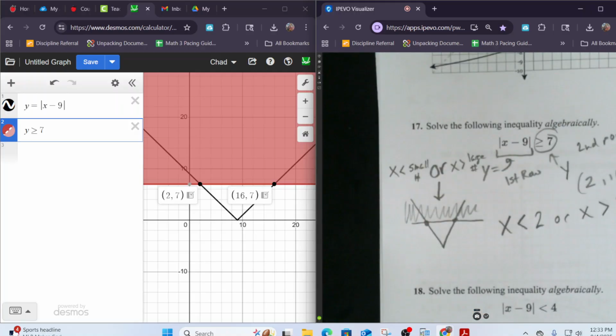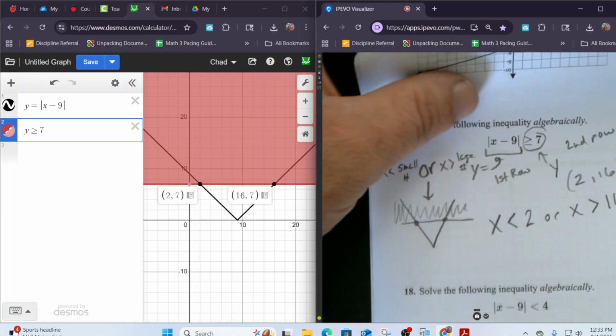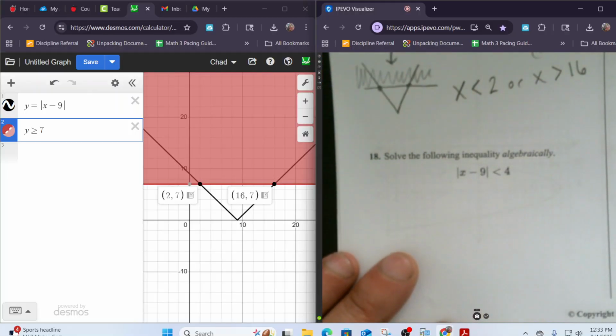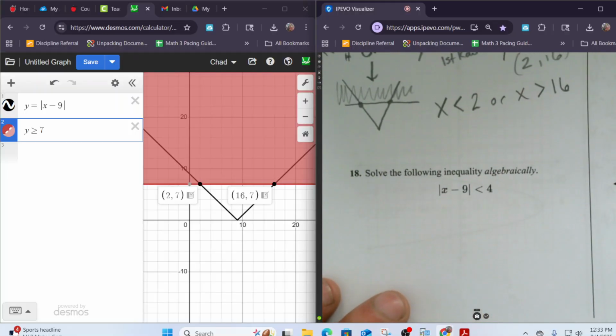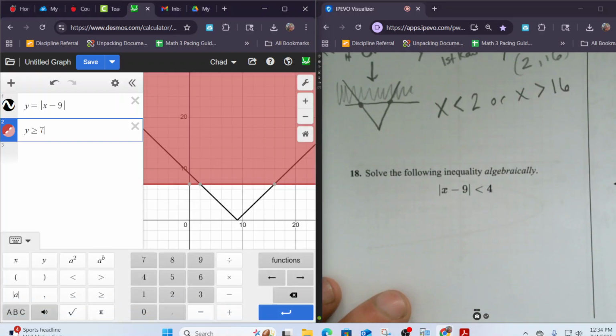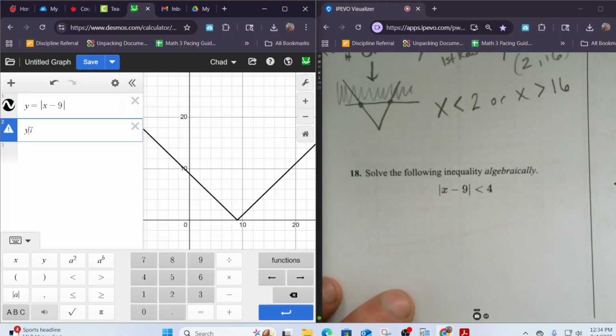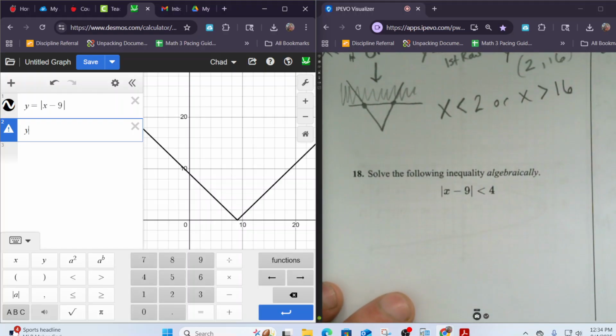Does everybody remember that? That's how you write those. Okay. All right. Real quick, that one's the same. Let me show you what it looks like when it's less than.